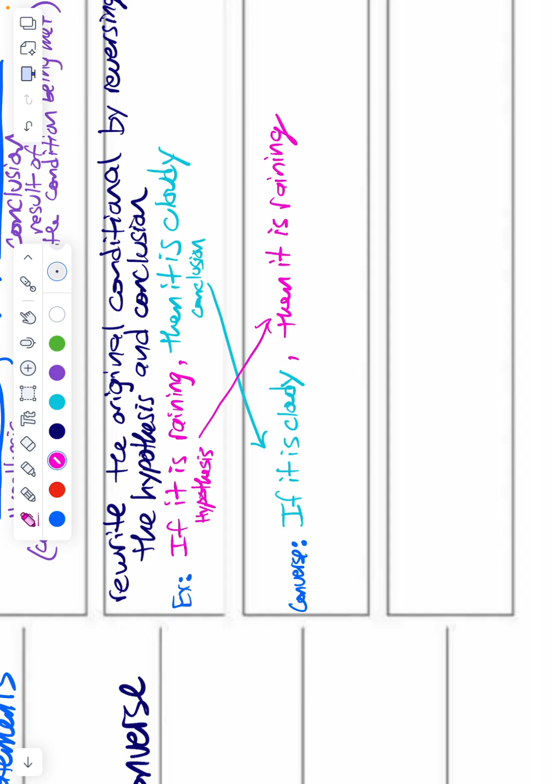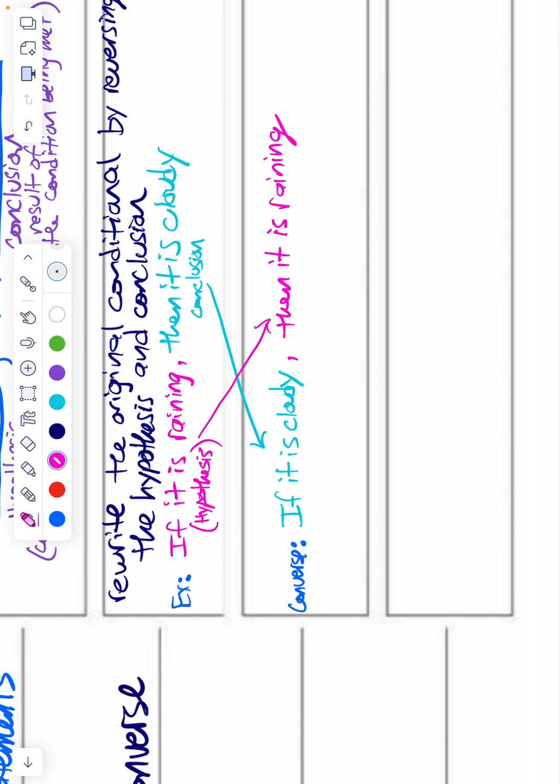Yeah, good. So it is important to identify the hypothesis and conclusion, because the order matters when you go to converse this. Now, like I said, this is a really big idea, this idea of converse.